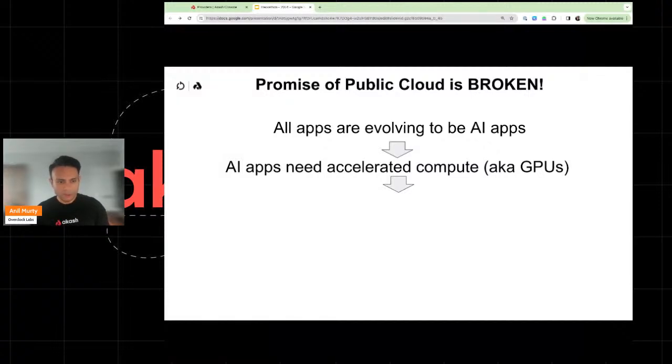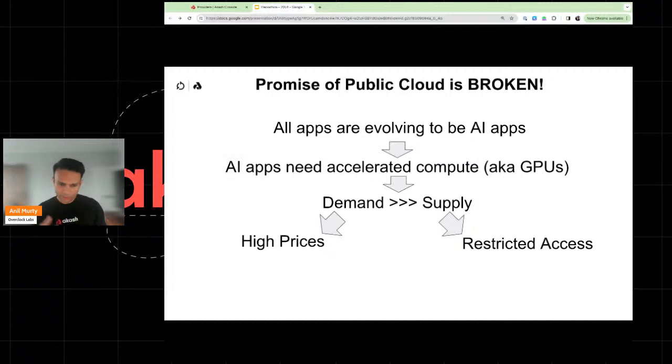So all this demand for accelerated compute has basically completely tipped this equation between the demand and the supply for these GPUs. And what that has resulted in, I think, is a couple of things. One, obviously, is because the demand is far outstripping the amount of supply out there, the prices of these GPUs have gone really high.